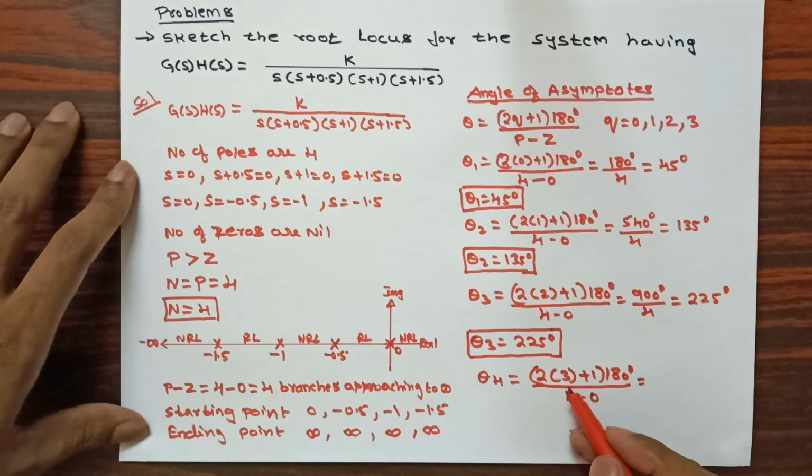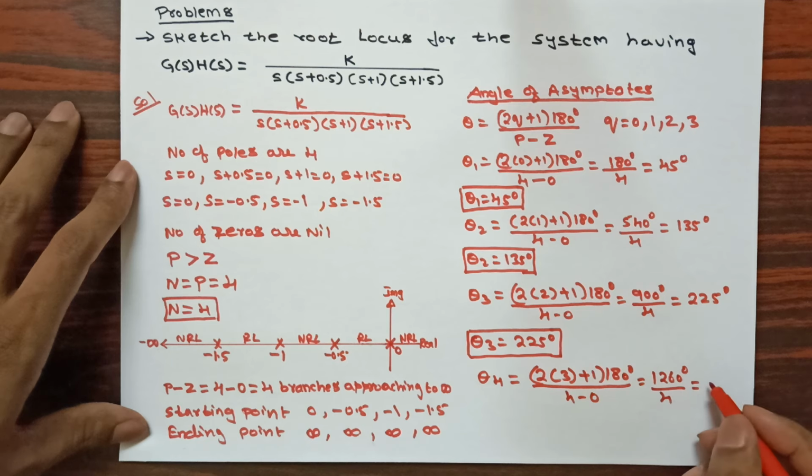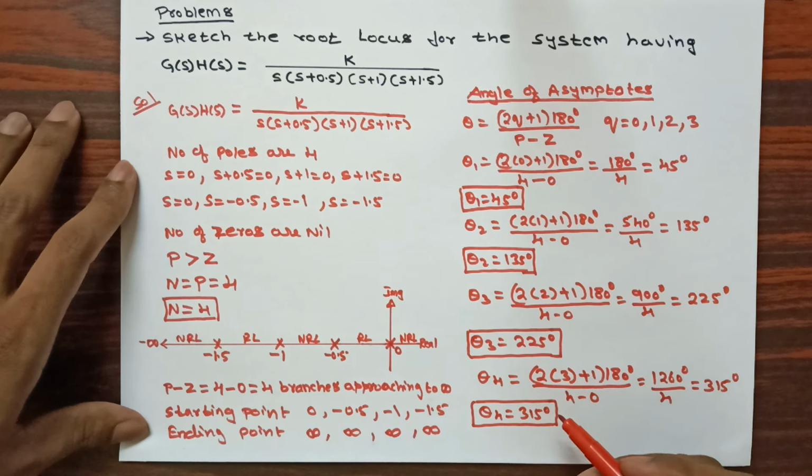So 2 into 3, 6, 6 plus 1, 7, 7 into 180, I am getting here 1260 degrees divided by 4, and this will be equivalent to 315 degrees. So theta 4, I got 315 degrees. These are the 4 angles. By following these 4 angles, all the 4 branches approach infinity.